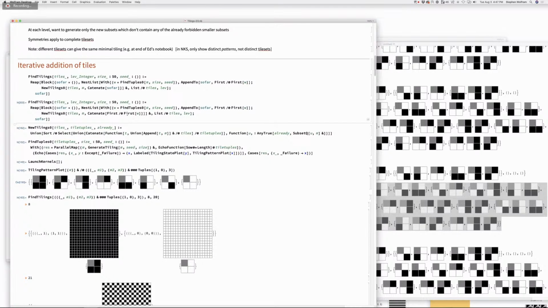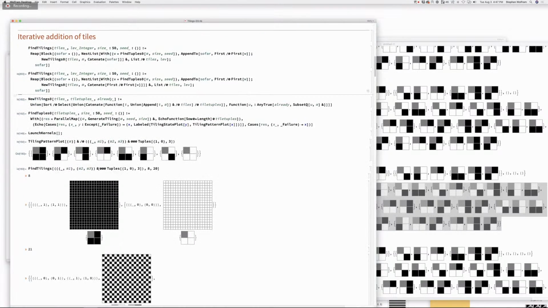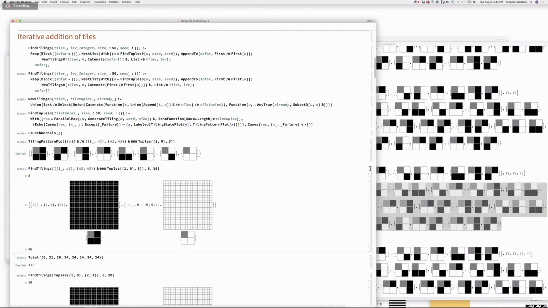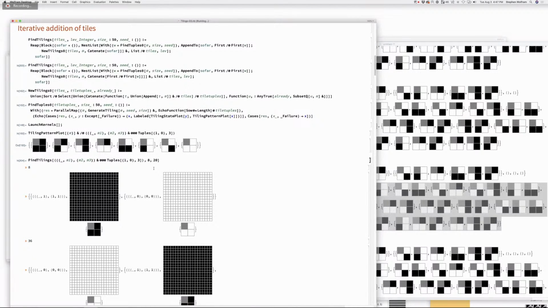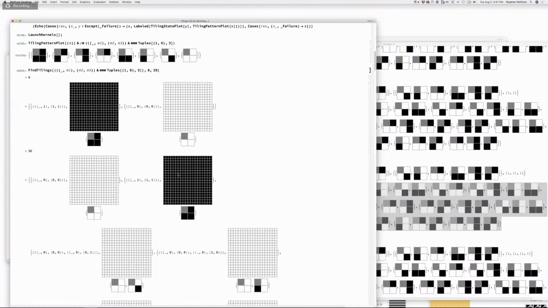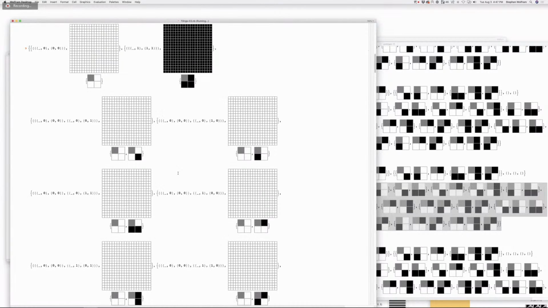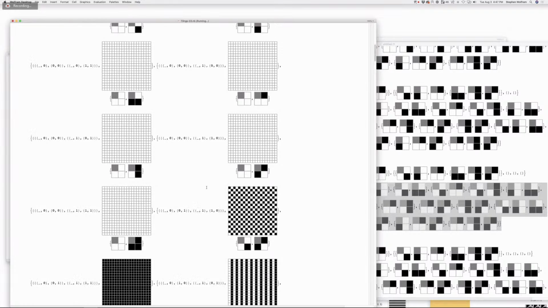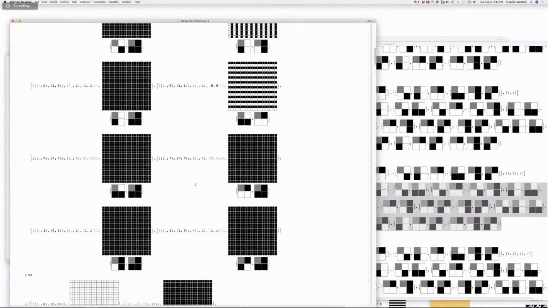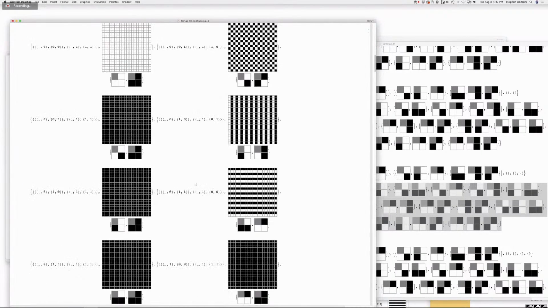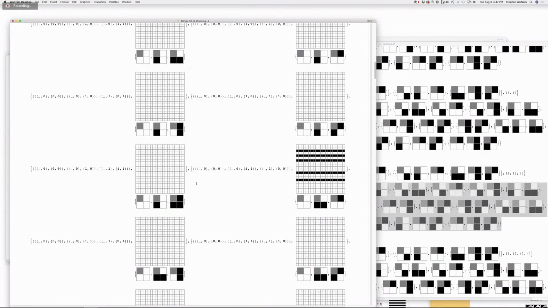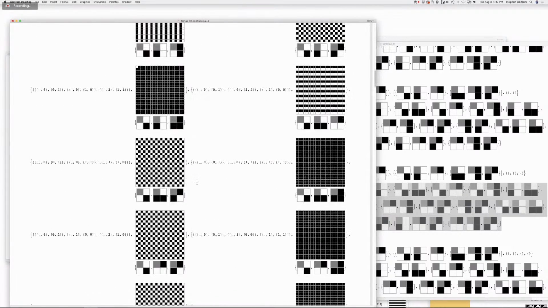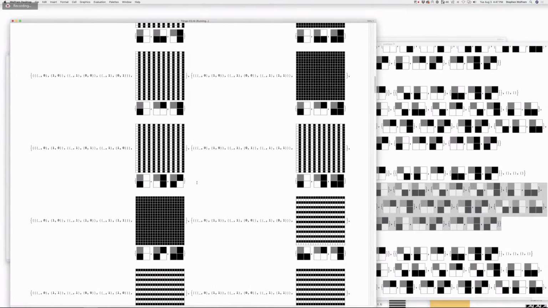All right, let's try that. And it's, what the heck is all that stuff? No, it's completely broken. Nope, it's completely broken.